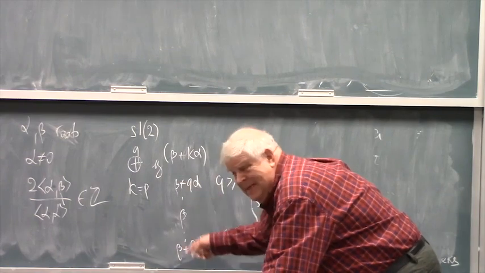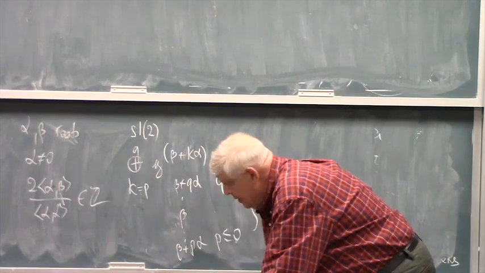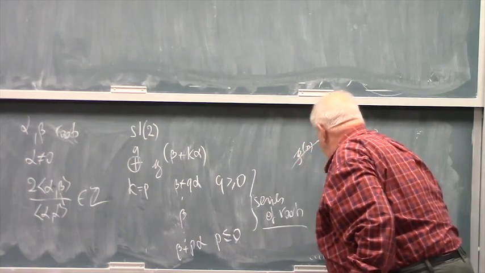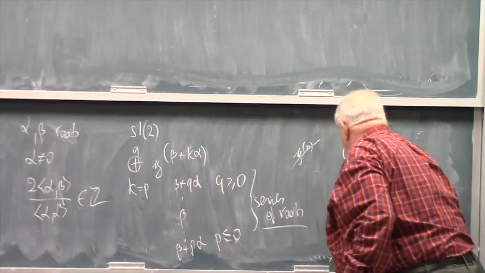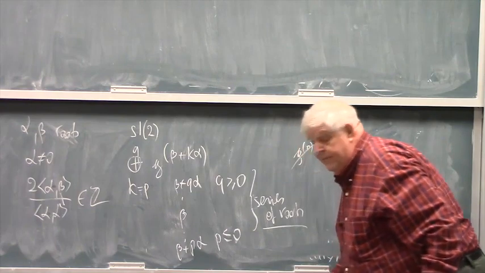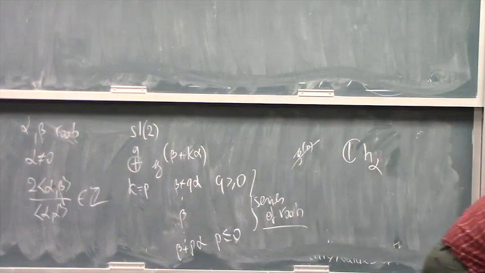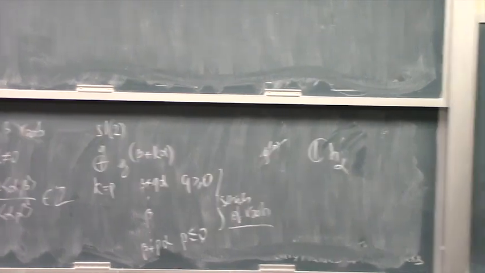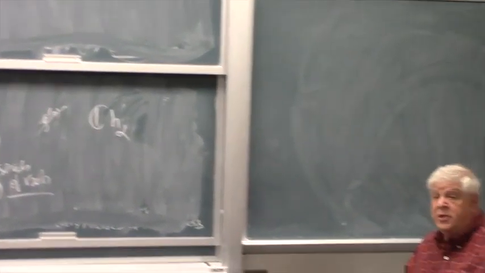If 0 is among these roots, then we need to replace G0 by C H alpha. So this is what we have, and these numbers, inner product (alpha, beta) divided by (alpha, alpha), are actually eigenvalues of H in this space.